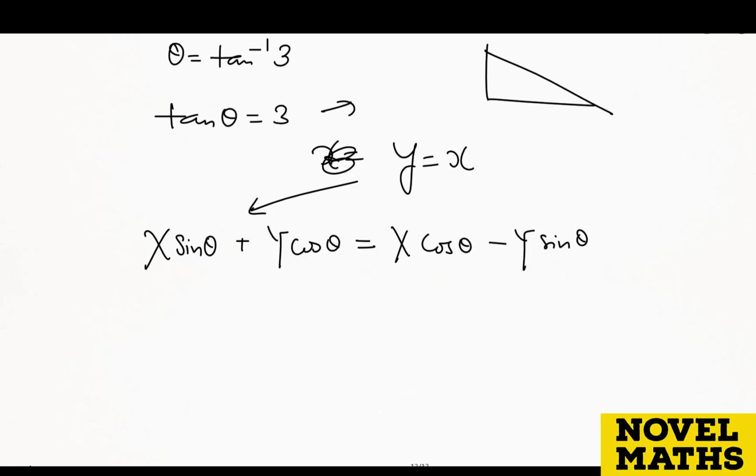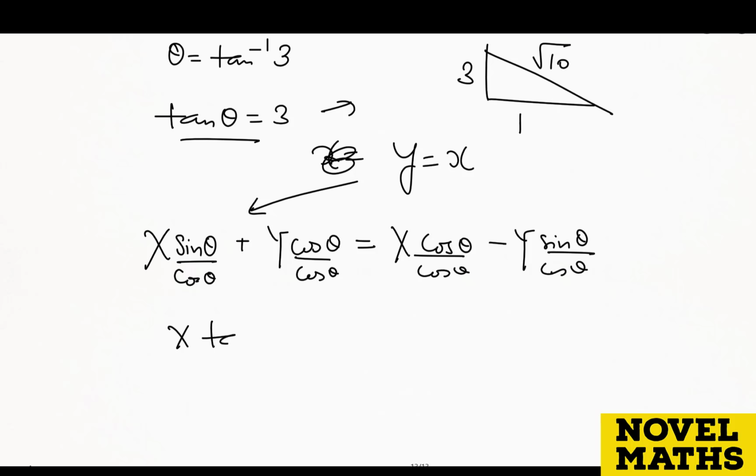Actually, you can do it like this, right? You can take 3, 1 and this will be root 10. You can use this tan theta and find sin theta, cos theta. You can substitute it also, but here if you look at this pattern, you just divide by cos theta, everything will come in tan theta. So this is X tan theta plus Y equals X minus Y tan theta.